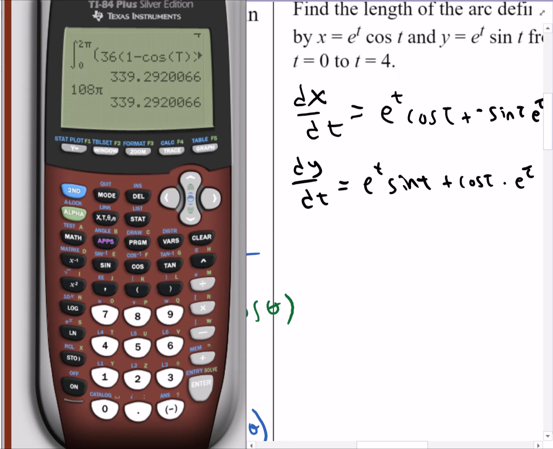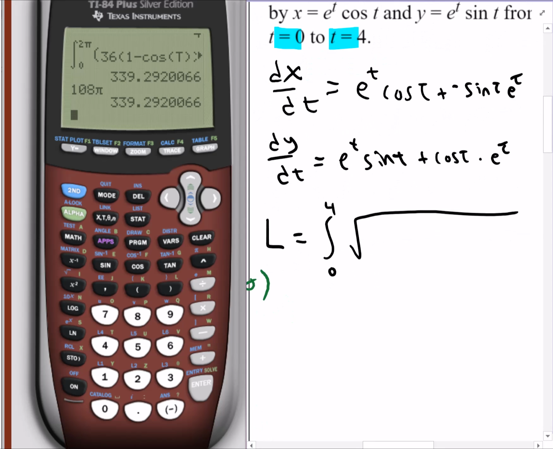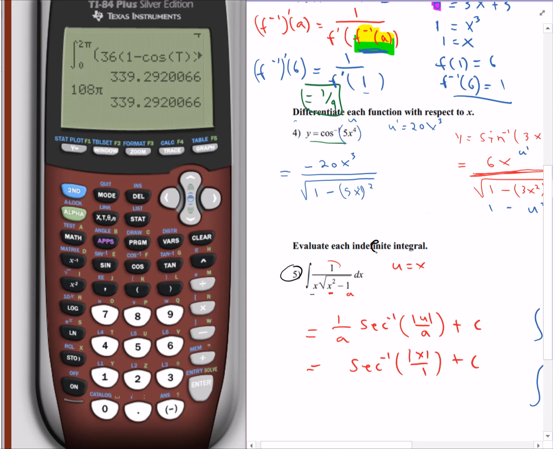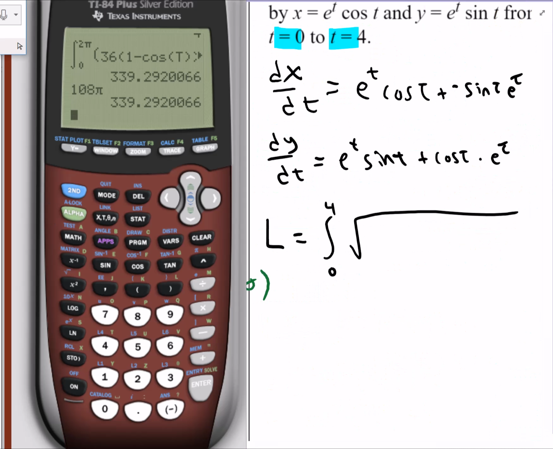And the arc length, we're going to say L is going to equal the integral from 0 to 4, right? They gave that to us. They said from 0 to 4, that's nice, of the square root of dx/dt squared, which is, sorry, I don't know what just happened. Okay, I just pressed on one of these tab things as I was drawing.